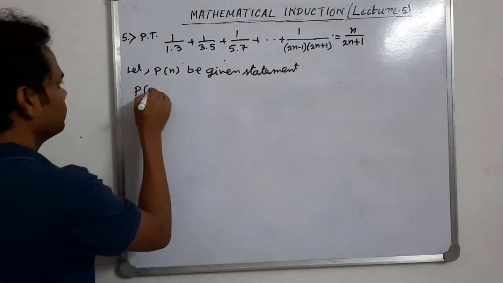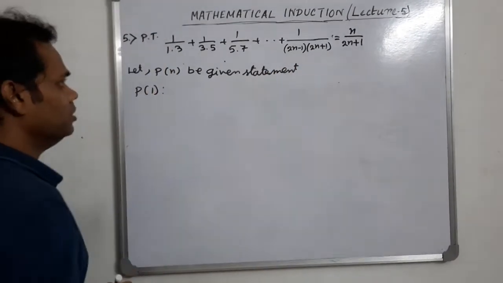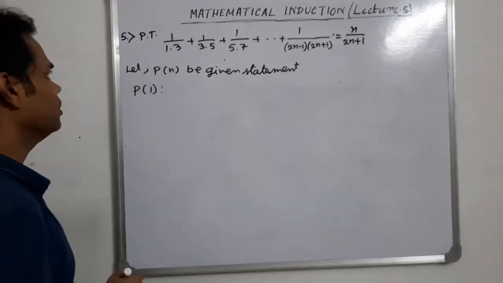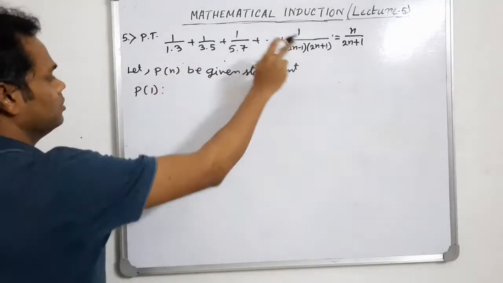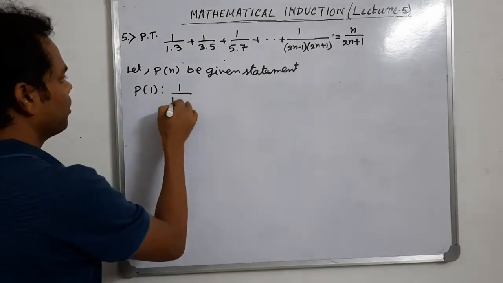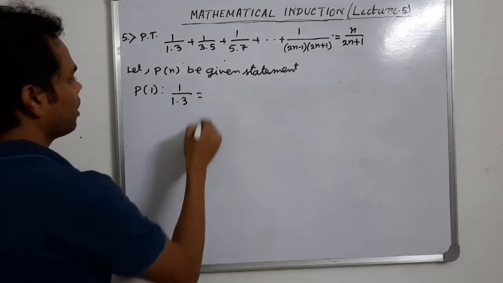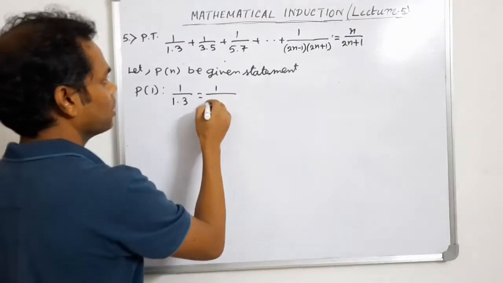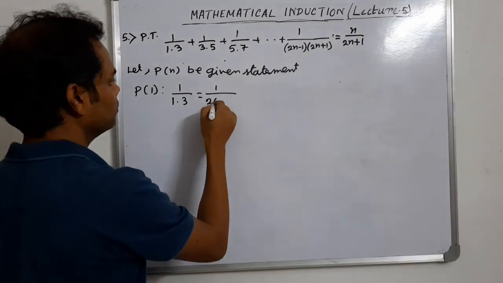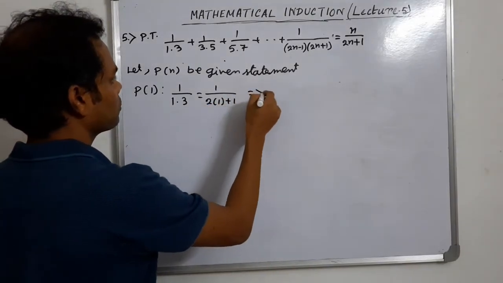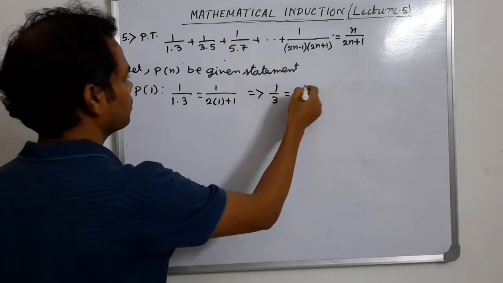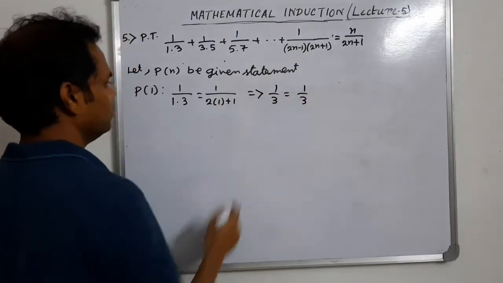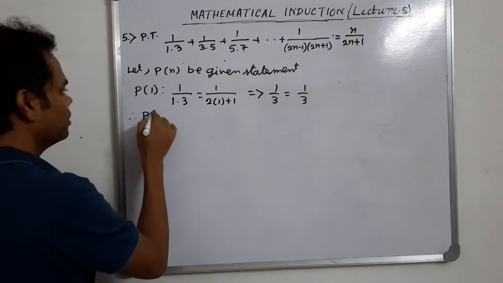Then for P1, we take the first term of the left hand side, that is 1 by 1 into 3, and we put n equals 1 in the right hand side. So n by 2n plus 1 is 1 by (2 into 1 plus 1), so 1 by 3 equals 1 by 3. Therefore P1 is true.